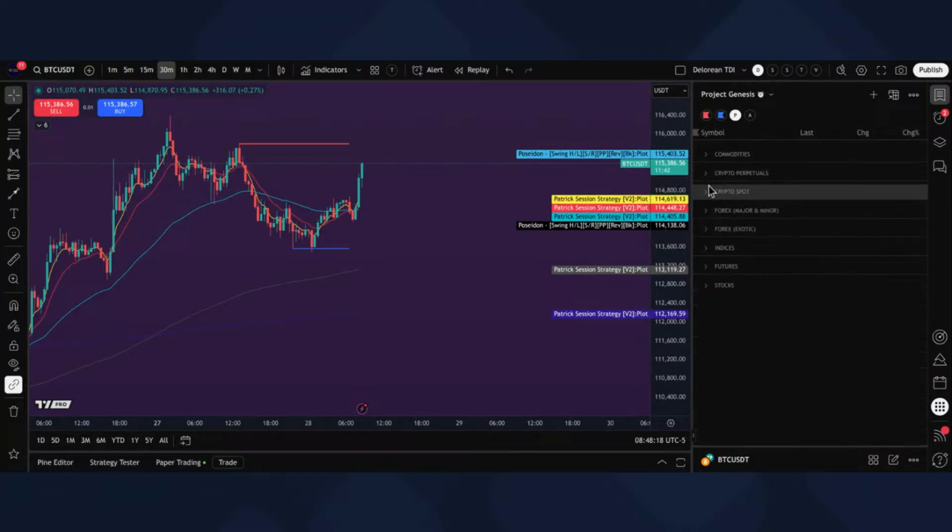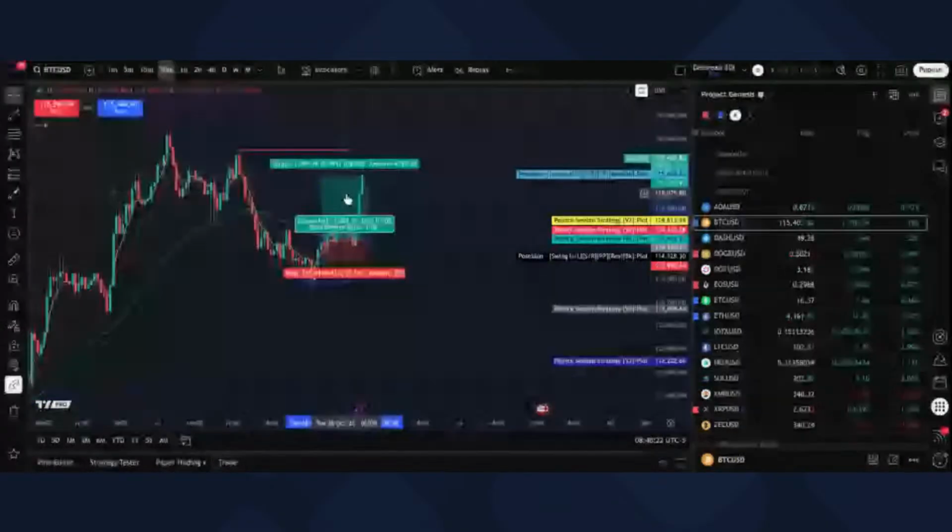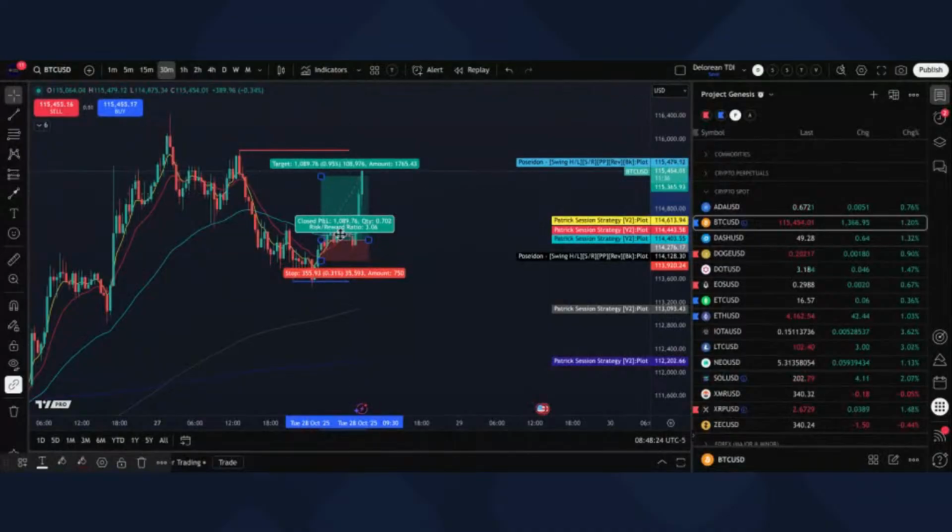Now, we also have Bitcoin versus the United States dollar, which also hit take profit. Congratulations on that. Oops. Call out this first one first. Getting ahead of myself.